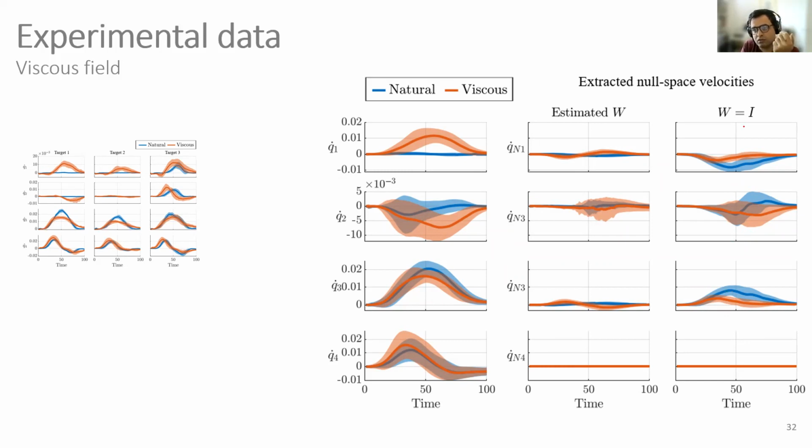So it shows that analyzing null space velocities between conditions is not safe when we're not estimating the correct weight matrix for that specific condition.